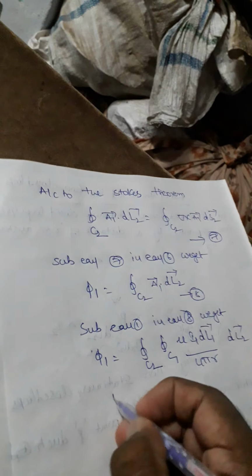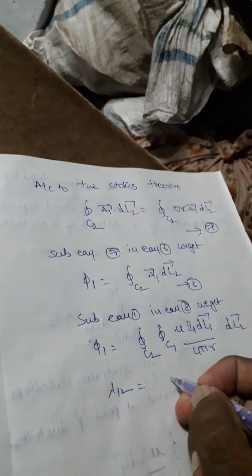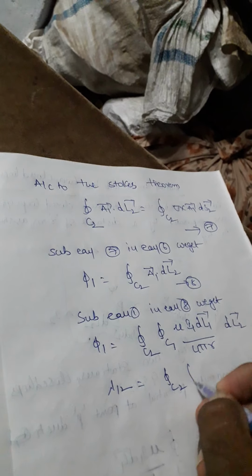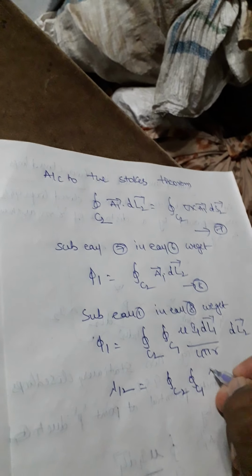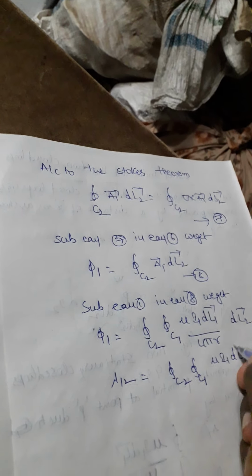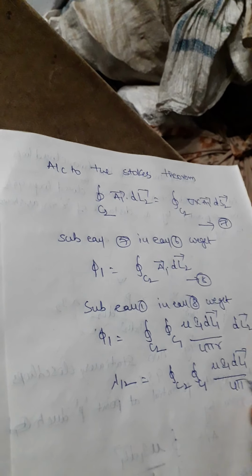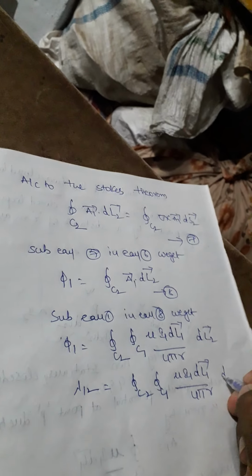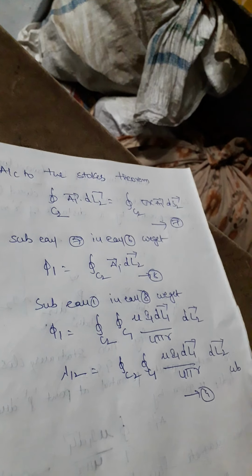So the flux linkage lambda 12 is equal to the closed contour integral over C2 and C1 of mu I1 dl1 bar by 4 pi r dl2 bar, which is equation 9, with units in Webers.